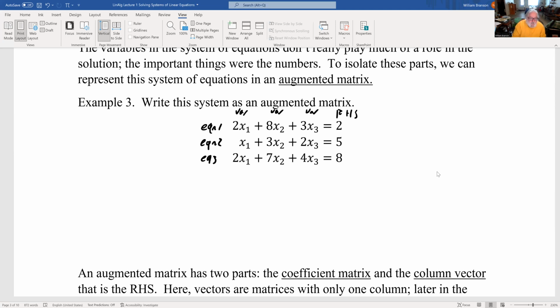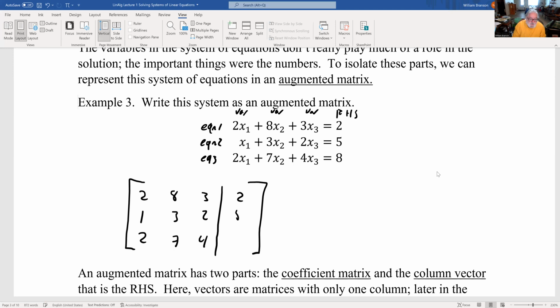So what we'll do for an augmented matrix is we'll set up a matrix that looks like this. First row stands for the first equation. Second row is the coefficients of the second equation, 2, 7, 4, and 2, 5, 8.